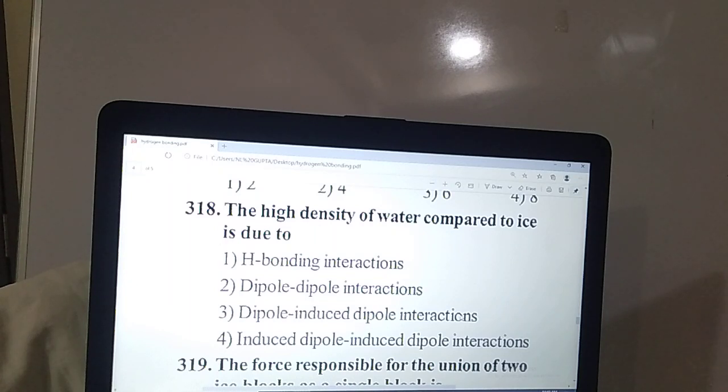The greater the hydrogen bonding, the greater will be the density. So the high density of water compared to ice is due to hydrogen bonding interaction. So for 318, the correct option is option number 1.